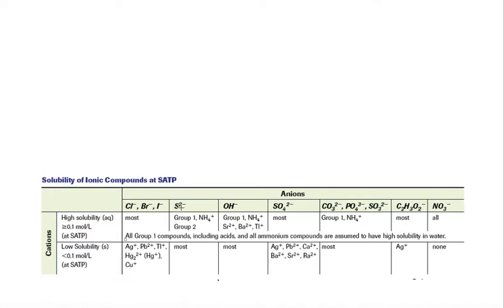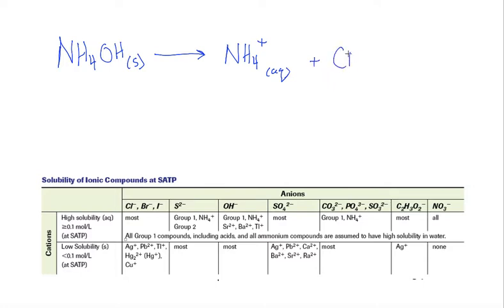So if I look at something that's really soluble, let's say ammonium hydroxide, it's highly soluble. If I have that solid and I put it in water, I can write a dissociation equation of NH4 plus and OH minus.